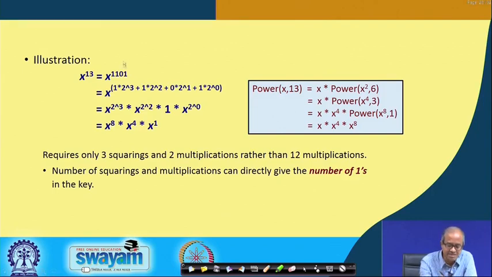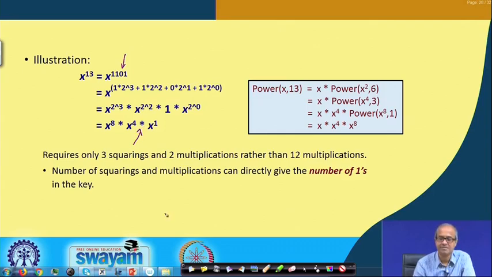Now, because there is a 0 here, that is why this x to the power 2, x squared, is missing, is not there. So, depending on how many ones there are, that many terms will be there in the final product, so that many multiplication operations will be carried out.